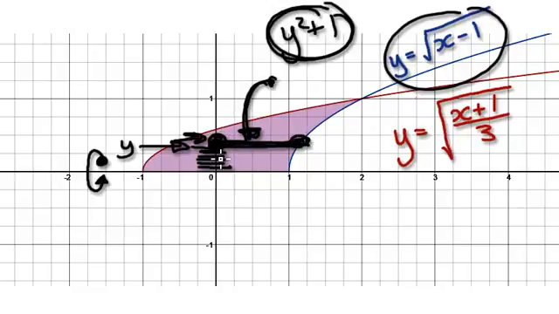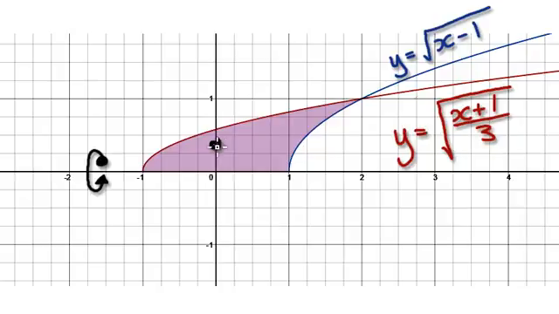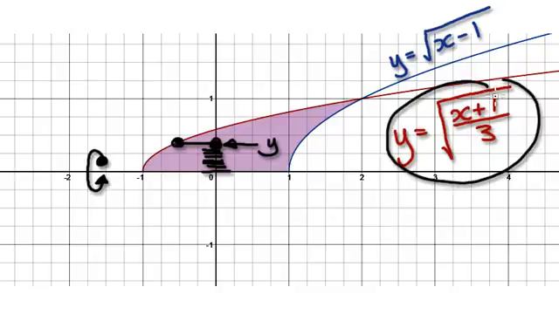Now we need to know the distance from here to here. Don't forget it is y that's moving about. At this particular value of y, the radius, we've got to look at the red line now.